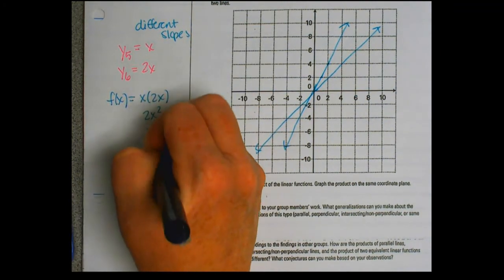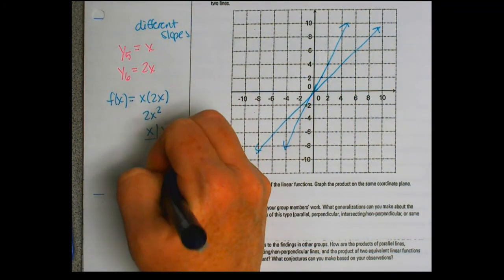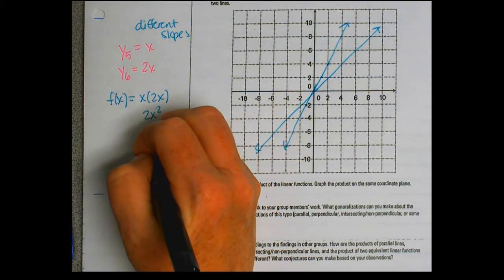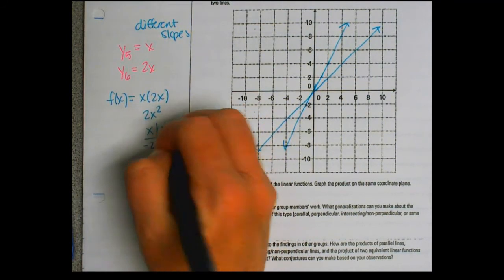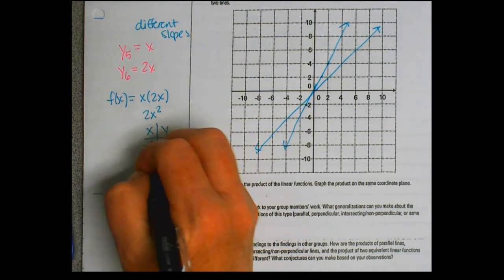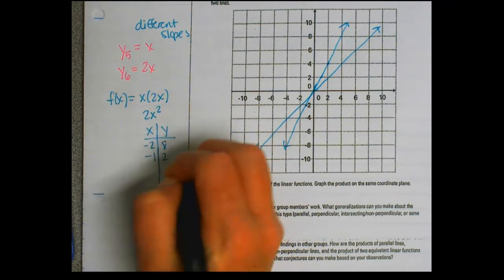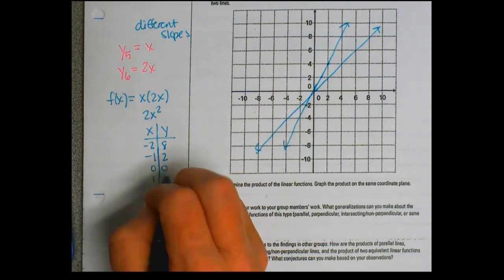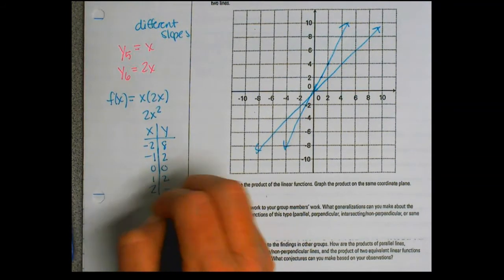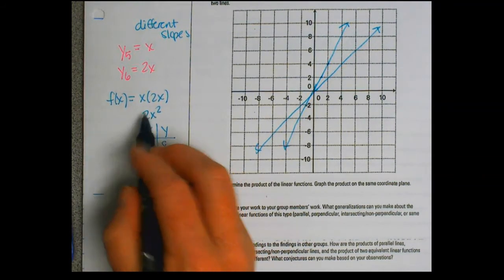If I do an xy chart, I can plug in this one easy. I don't need my calculator. -2 would be 4 times 2, or 8. -1 would be 2 times 1, or 2. 0 is 0. +1 is 2. +2 squared is 4 times 2 is 8 again.